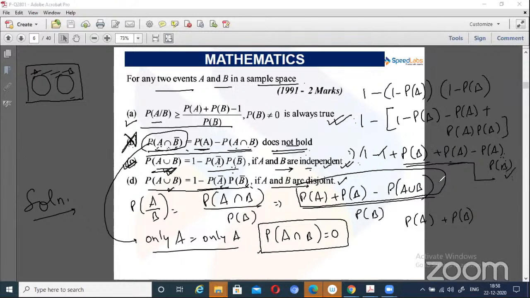So P of A union B will come out as PA plus PB minus P of A into P of B. That is A union B. And for the disjoint case, P of A intersection B is 0.